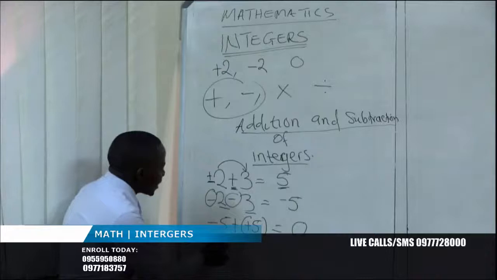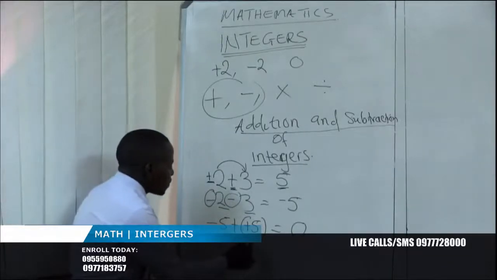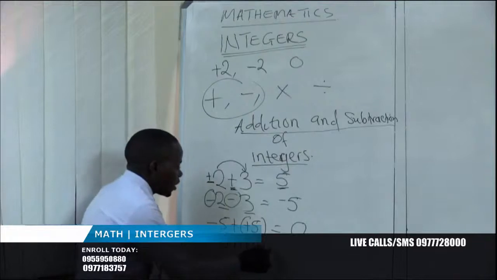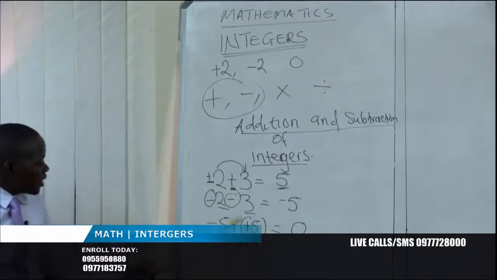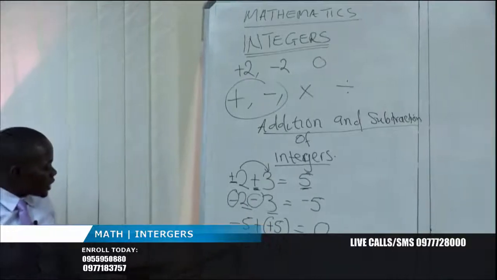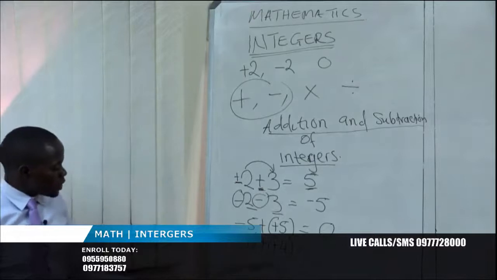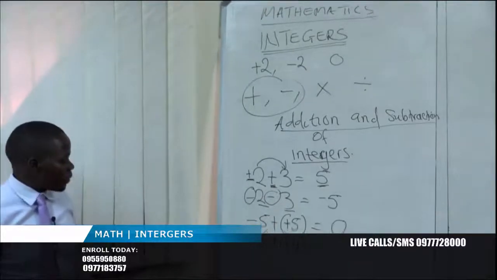You have negative 6 plus positive 4. Now you have got these two different signs. What are you going to do?